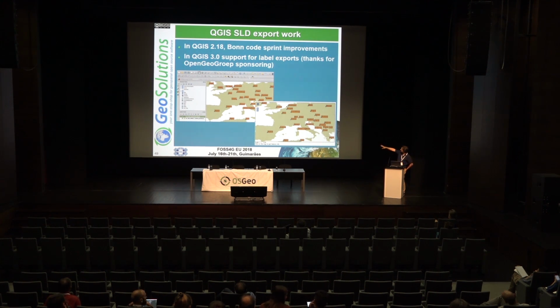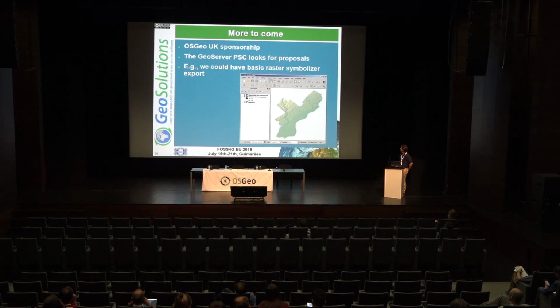That's one map rendered by QGIS and then exported to SLD, and the same map as rendered by GeoServer. We still don't have export for raster styles. Only the vector symbology is covered.